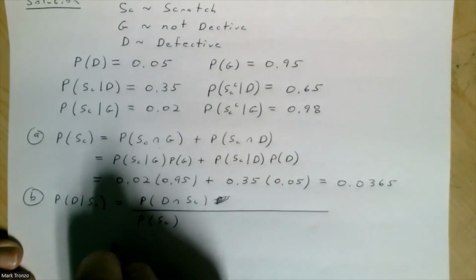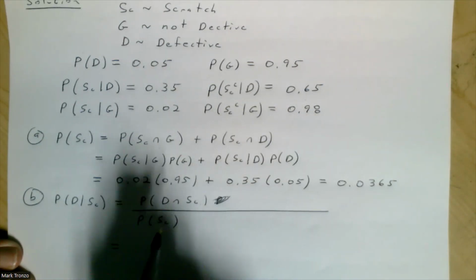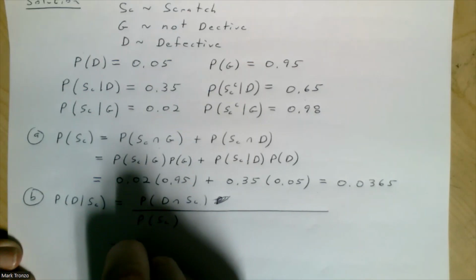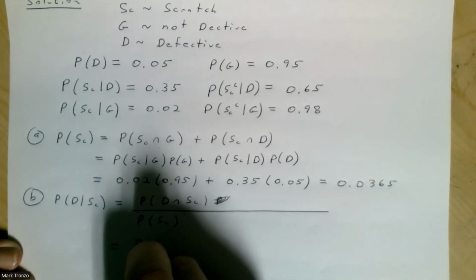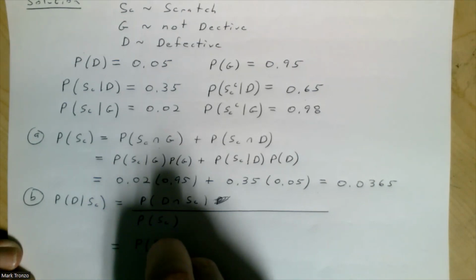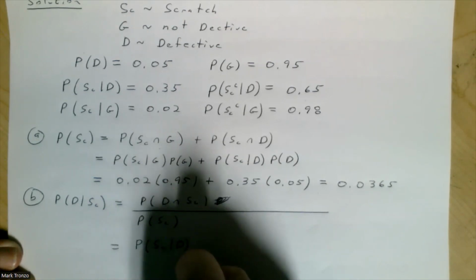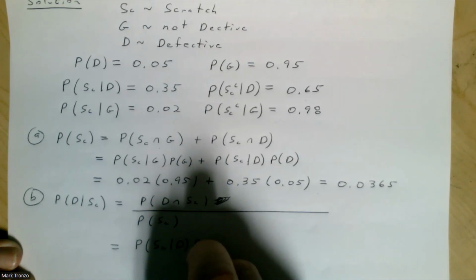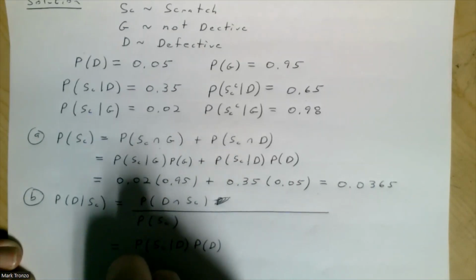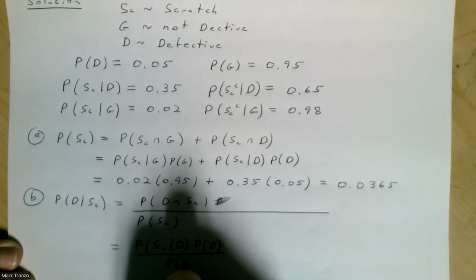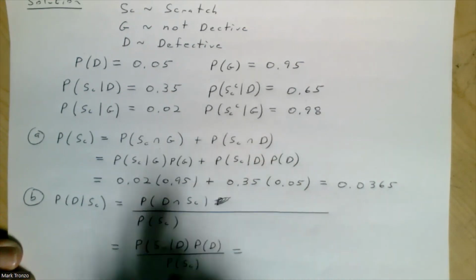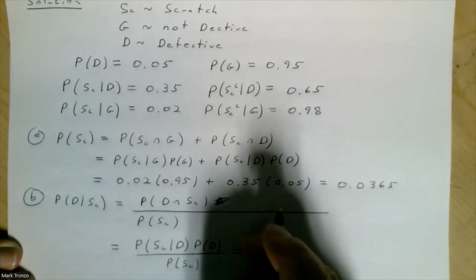So again, remember in the numerator, this can be written as probability of scratch given it's defective times probability of defective. And probability of scratch, we can get that from part A. We already calculated that.